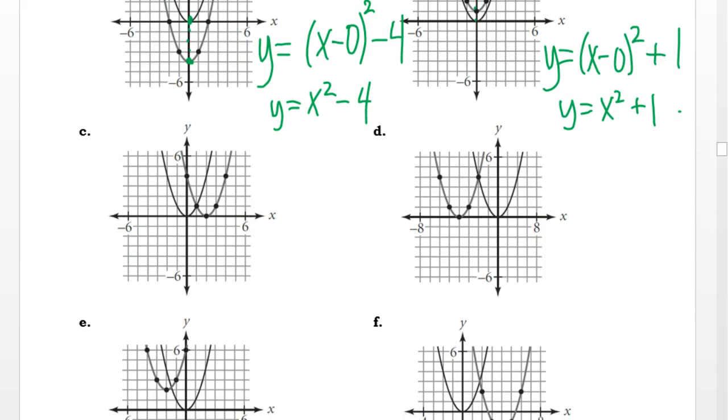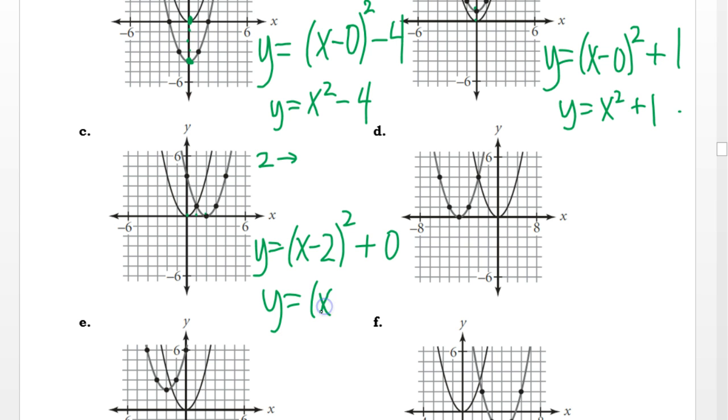Okay, letter C shows me my original at the origin and a translated parabola 2 units to the right. So y equals, in parentheses, x minus 2, moves it 2 to the right, squared, and I'm going to tack on that plus 0 because it moved 0 up. Again, you could just write that without the plus 0, and it would still be correct, but I like to keep them both there just so it's a little bit clearer.